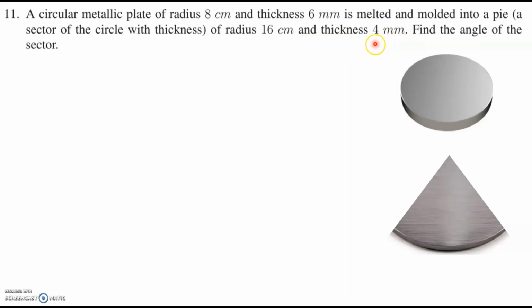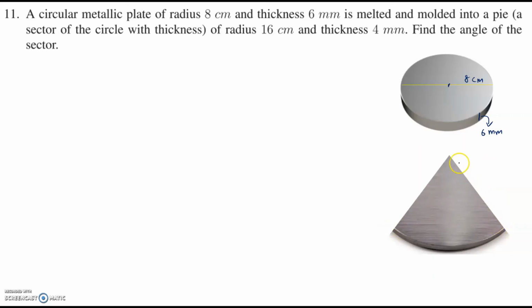So what's happening is, we have here a metallic plate with a radius of 8 centimeters, so the diameter would be 16 centimeters. The thickness is 6 mm. Now this is melted and used to create a pie. So a pie will be in this shape.